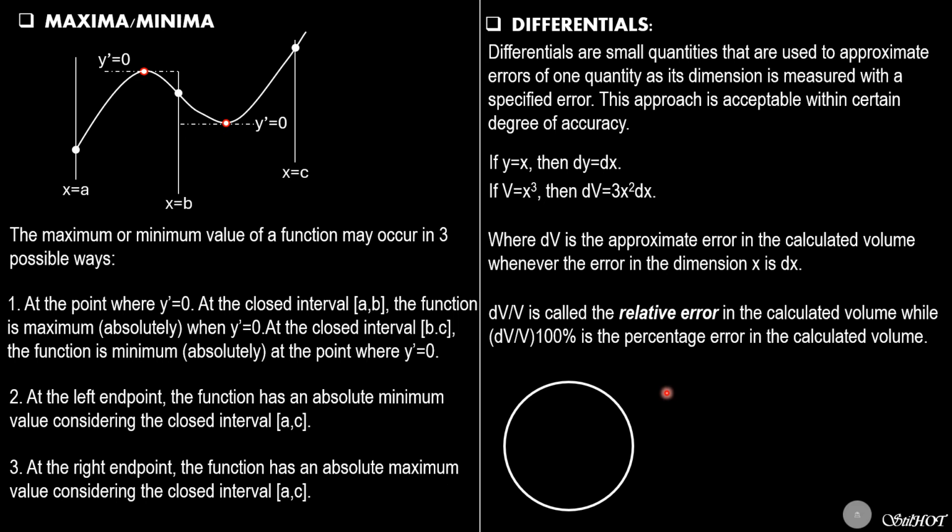So to demonstrate, let us have this circular region, circular area, and let us say the radius is measured with an error differential r. So this is highly magnified and not to scale, of course. The error will not be that much.